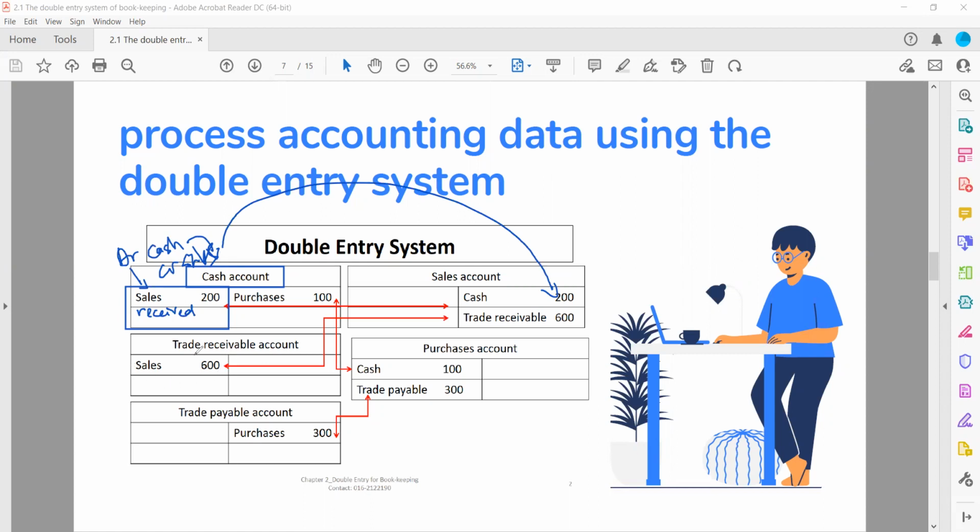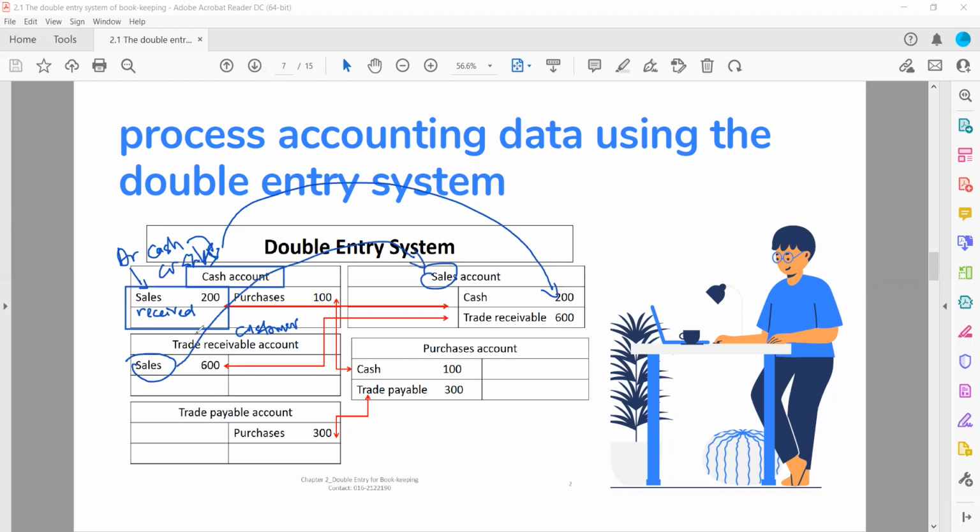Sold goods on credit, who received? Trade receivable received. Trade receivable here is a customer. In accounting we don't call them customer, we call them trade receivable. In business, we call them customer. So debit trade receivable and credit sales. The header is what we read, but the detail is the opposite of the account. That is how we do the recording.